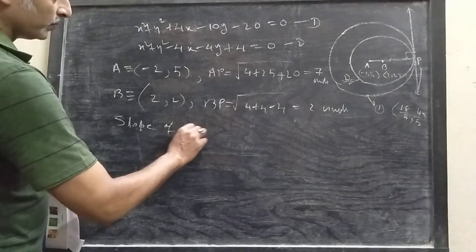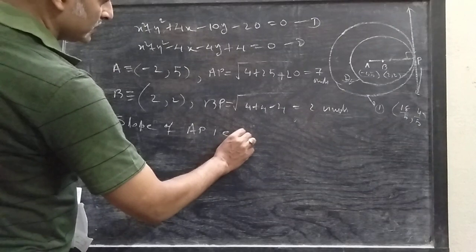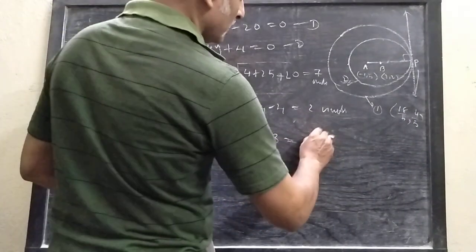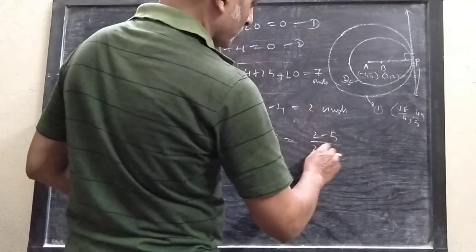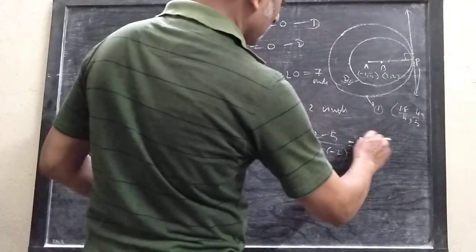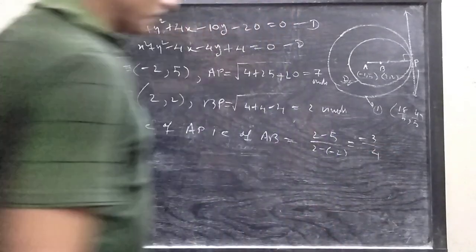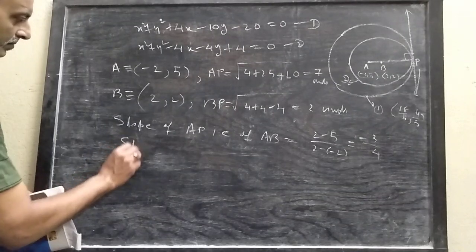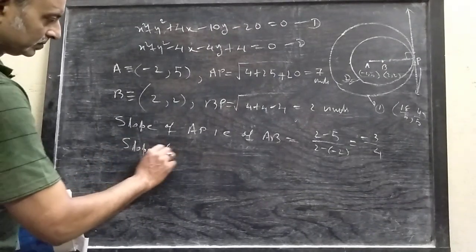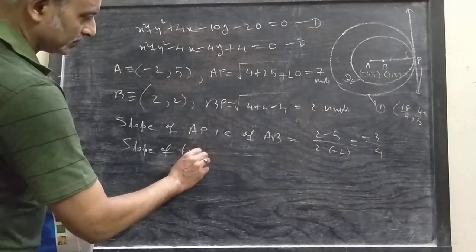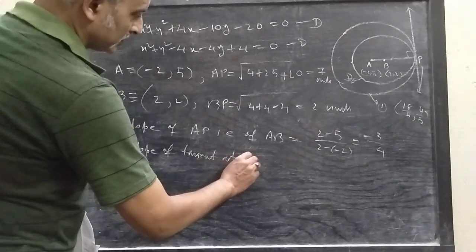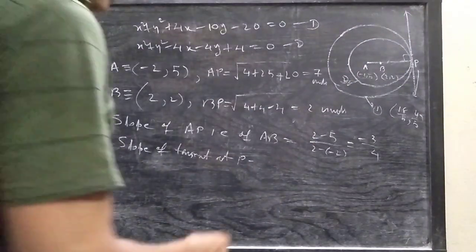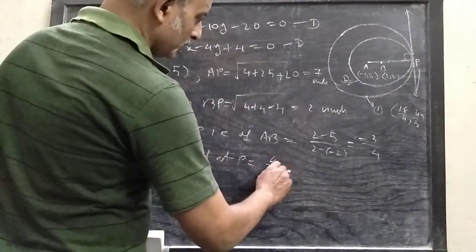The slope of AP, that is of AB, will be 2 minus 5 by 2 minus minus 2. This is minus 3 by 4. Therefore, the slope of the tangent at P is perpendicular to AP, so its slope will be 4 by 3.